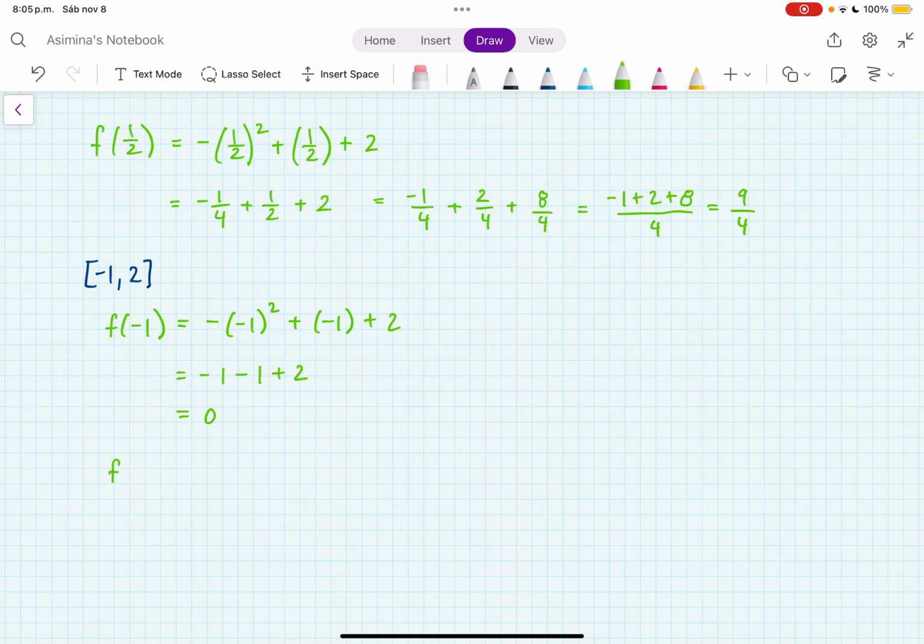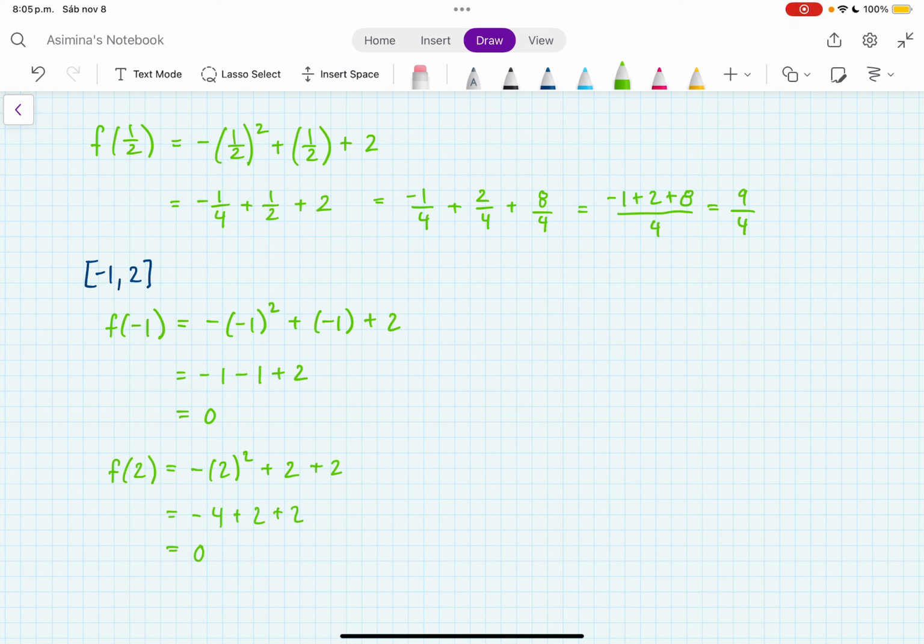And then f of 2 is minus 2 squared plus 2 plus 2, which is minus 4 plus 2 plus 2, which is 0.